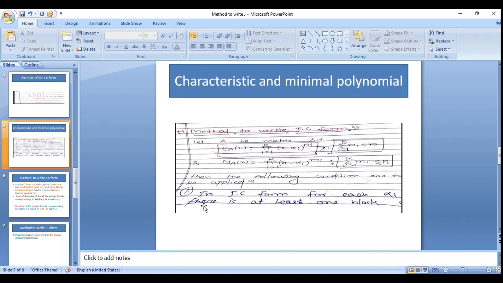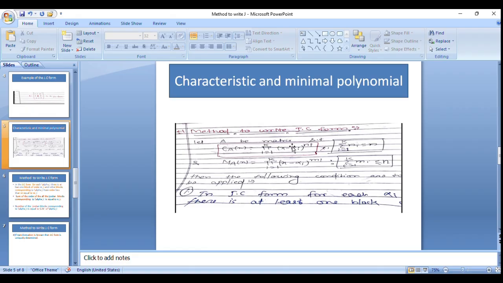We are given the characteristic polynomial C_A(x), the product for i from 1 to k of (x minus alpha_i) to the power n_i. Obviously, the sum of the powers in the characteristic polynomial is equal to the size of the matrix.